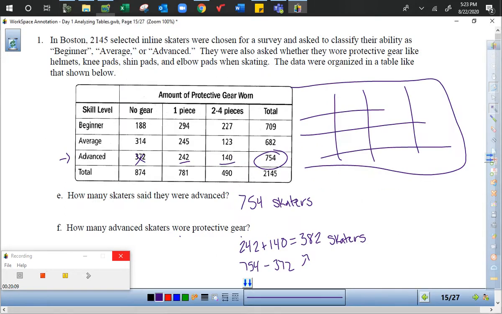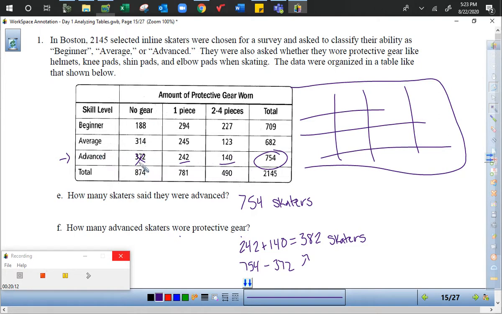So here, across the board, you'll notice it looks like for beginners, the highest amount of them are wearing one piece. A lot lower is no gear, and a little bit lower than the one piece is the 2 to 4 pieces. If we look at average, a lot more are wearing no gear.